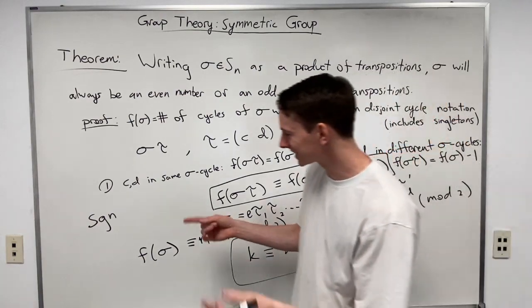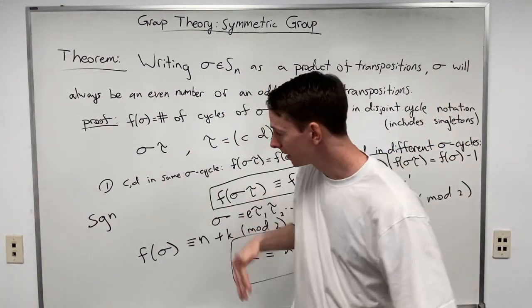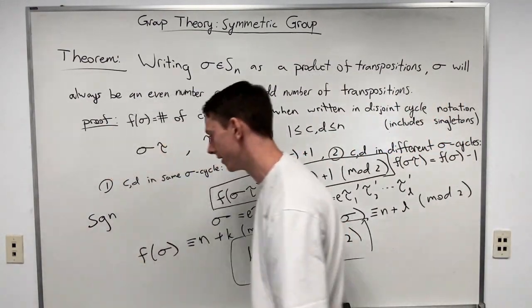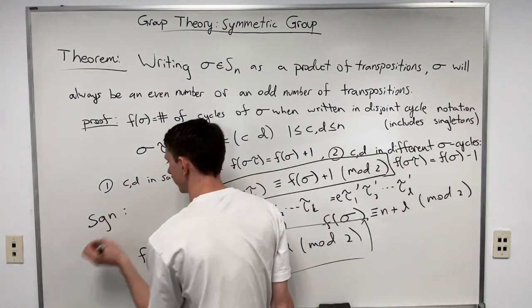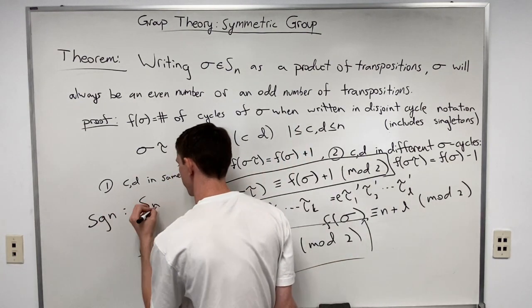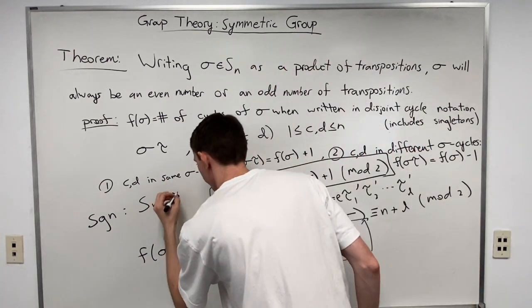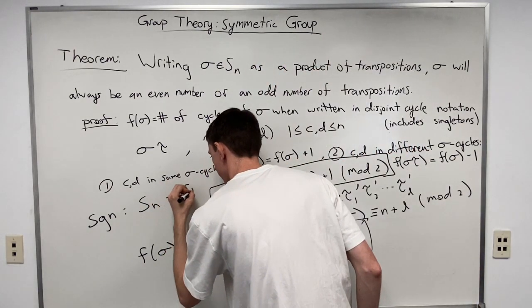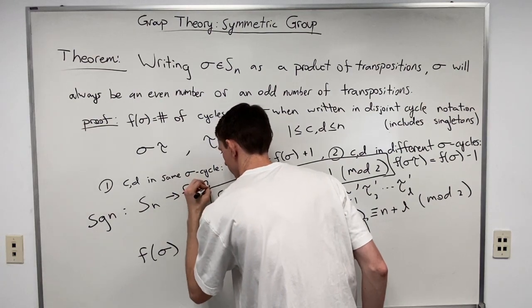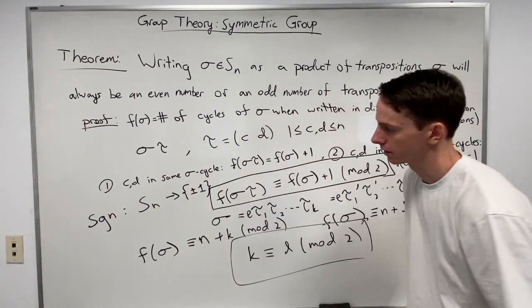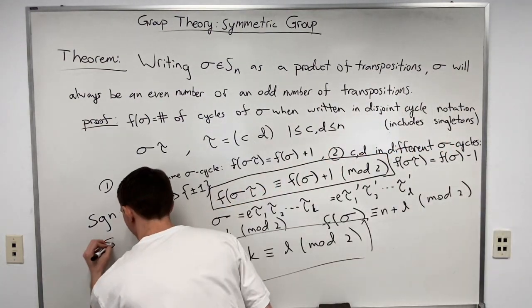So we already have SIN to denote that function. So we denote SGN to be a function that maps from the symmetric group into the set plus or minus 1.